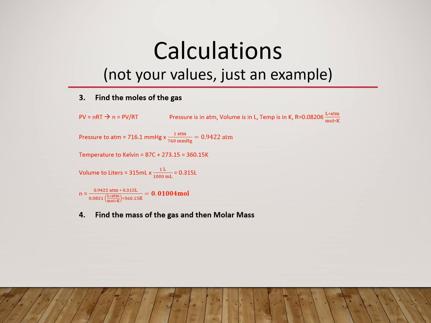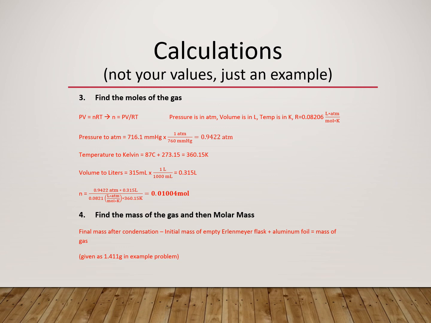After we do that, we can find the mass of the gas and then the molar mass. So finding the mass of the gas that we've condensed, you can subtract the initial mass from the final mass. So this is the flask with the aluminum foil on it. That's going to be included in our mass.